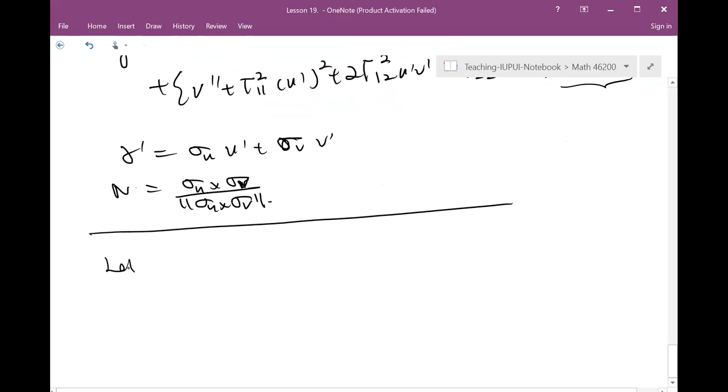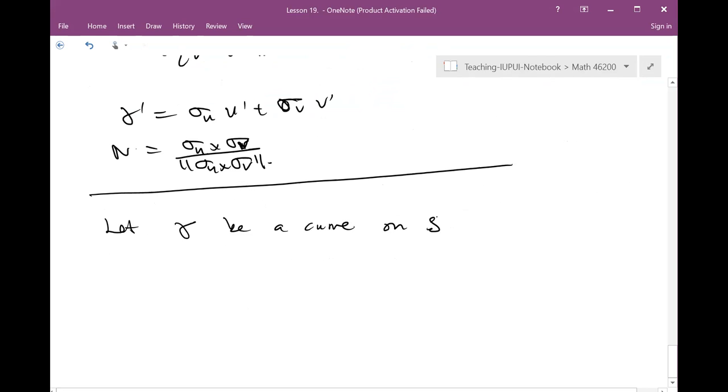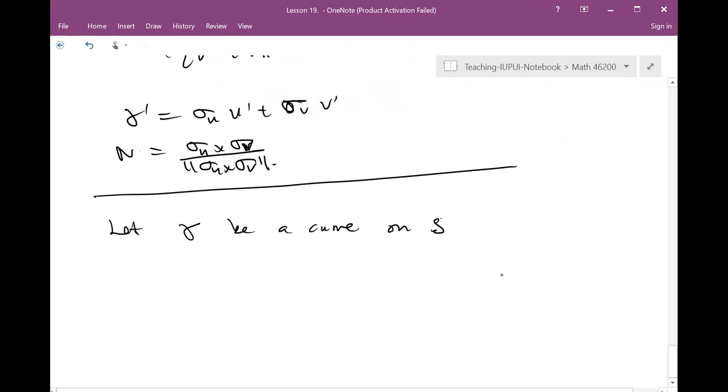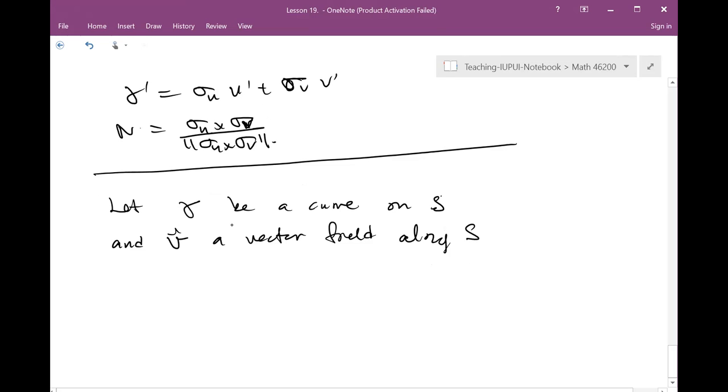Okay, so let gamma be a curve. I did not say it's unit speed. A curve in a surface S. And V a vector field along gamma, a tangent vector field.